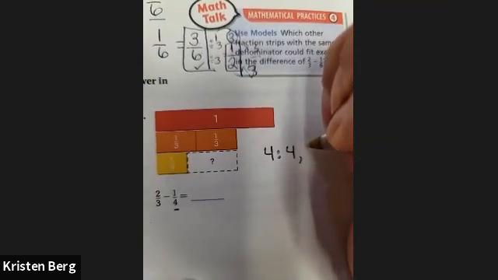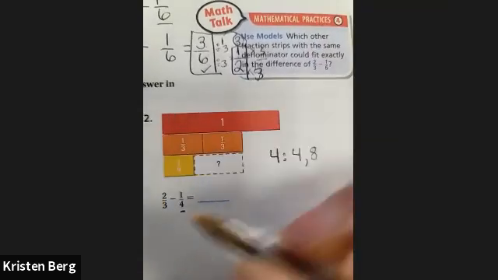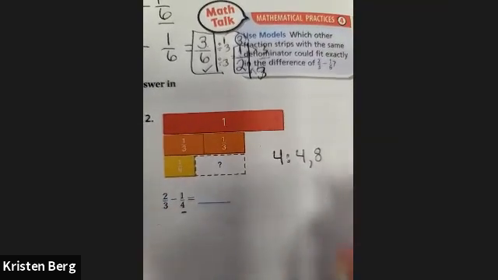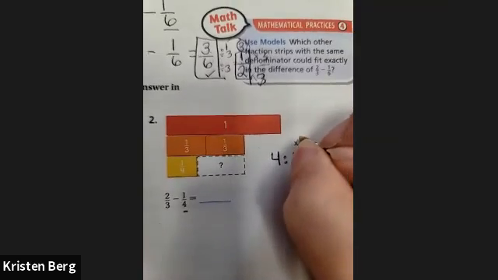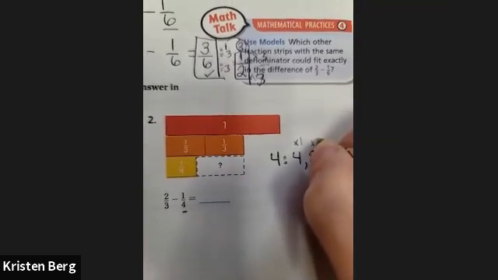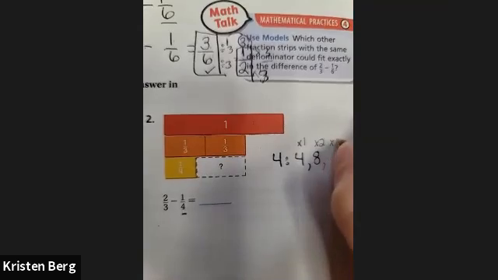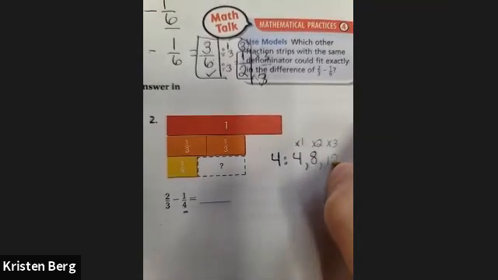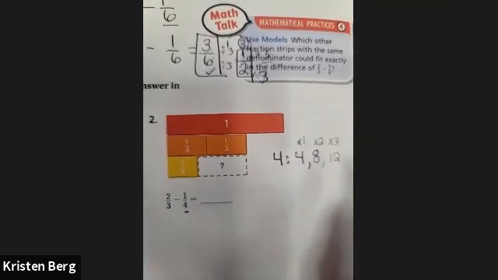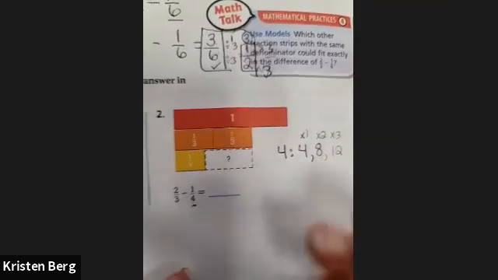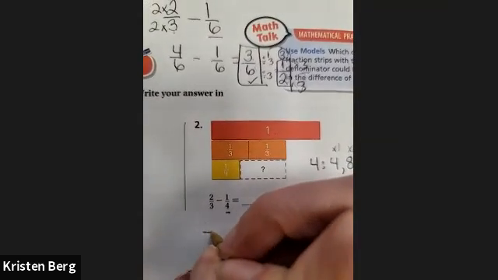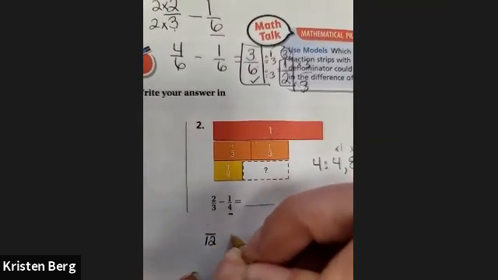So then 4 times 2 is 8. Can I get a 3 to an 8? I cannot. So now I am going to go 4 times 3, which is 12. Can I get a 3 to a 12? Yes, I can. So therefore, I'm going to change both of these numbers to a 12.